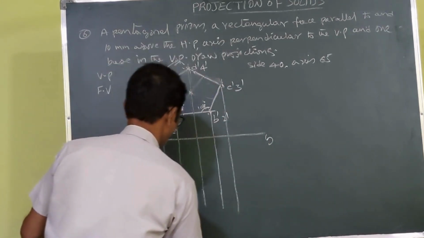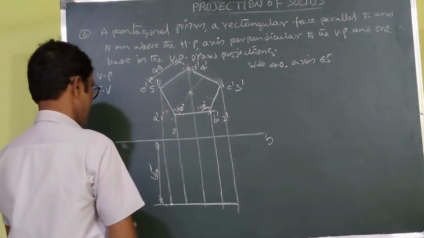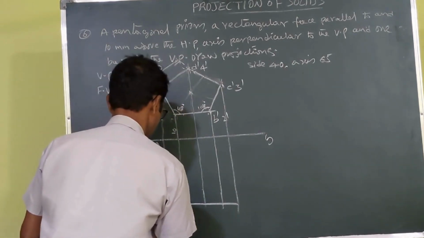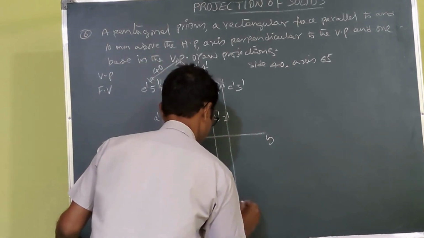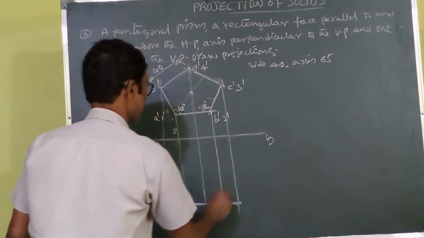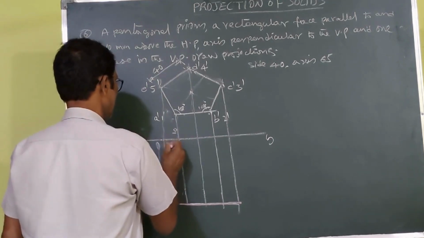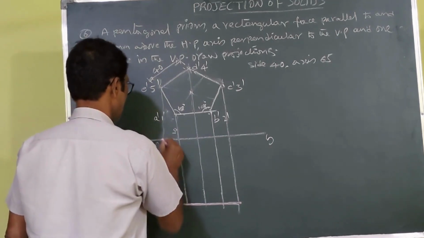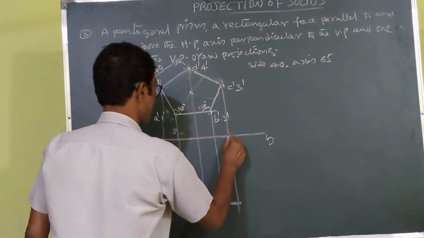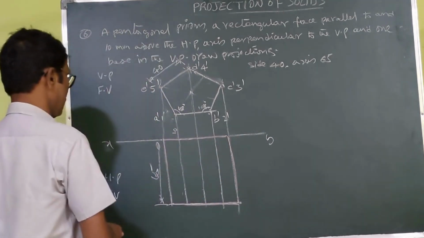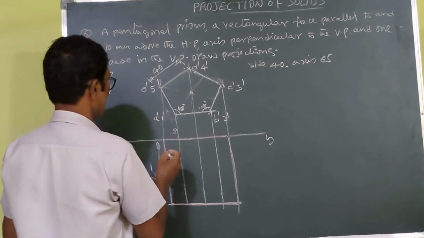You draw a horizontal line parallel to XY. These are all 65s. This is the top view.